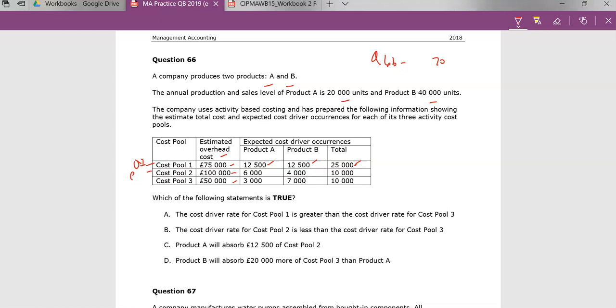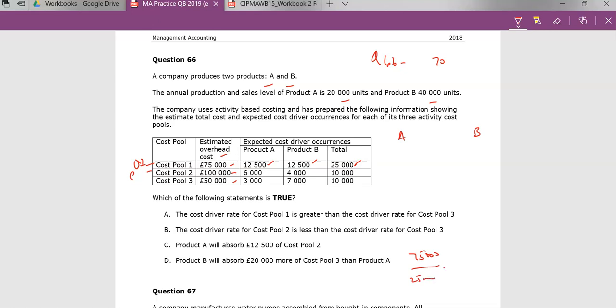So there's several ways I could look at this. I could just do A and B, and you have to do them in totals, really. The key point, I know that this is split half and half. You could say the 75,000 over the total of 25,000.